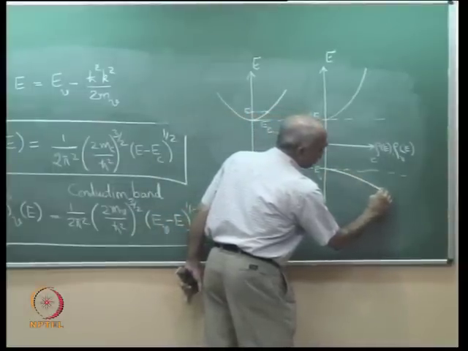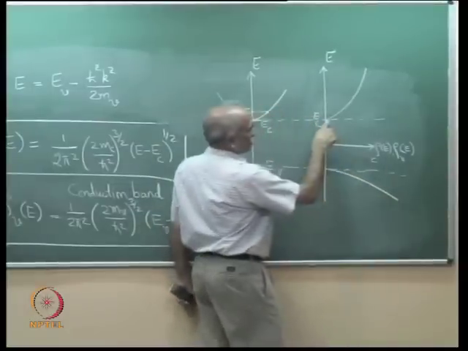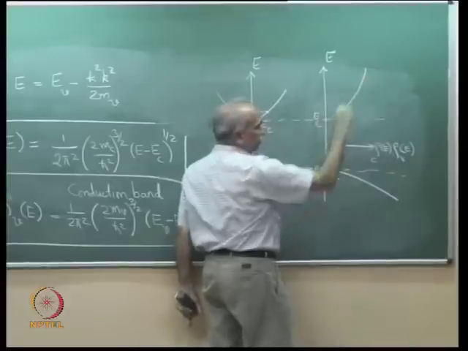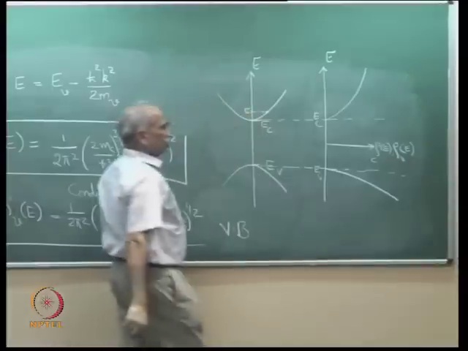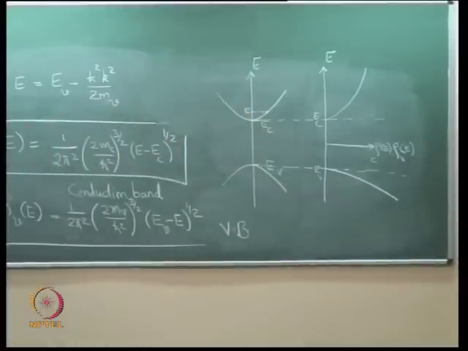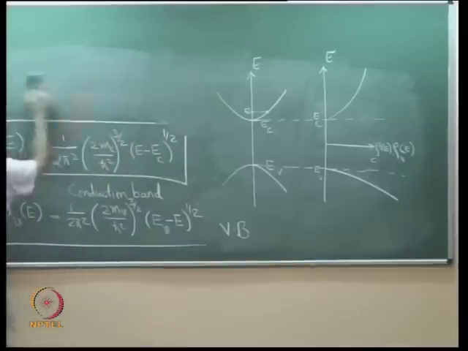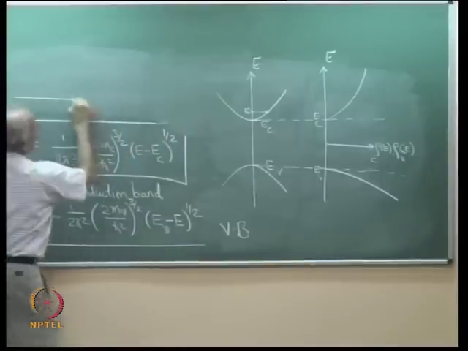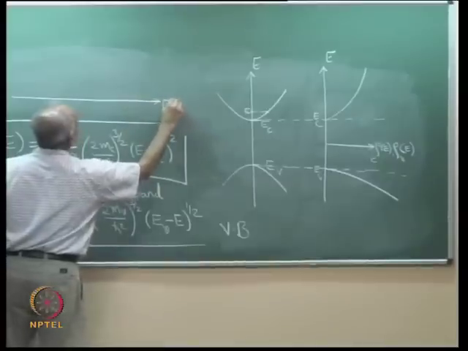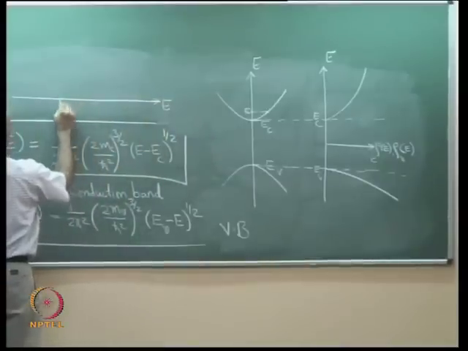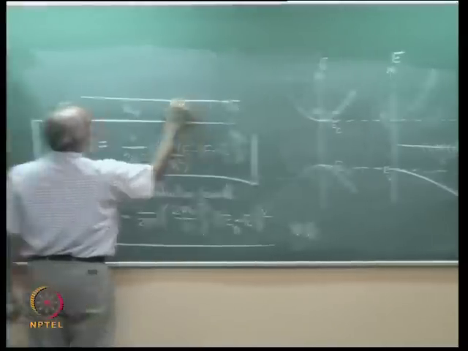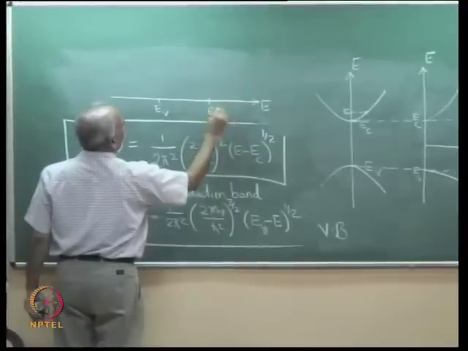Please see again, I have deliberately drawn this going rapidly like this, here it is going, the slopes are different, assuming that MV is different from MC, MV is much greater than MC. Sometimes you see in the books the density of states plotted like this, E here, and you have EV and EC like this.